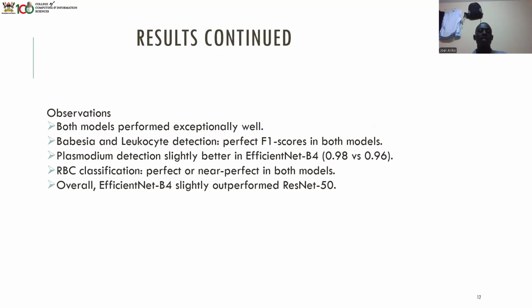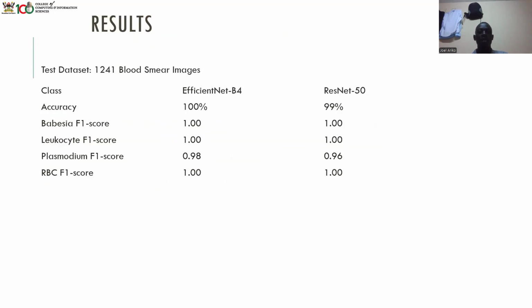Then for the Babesia and the leukocyte detection, both models had perfect F1 scores. Even for the red blood cell classification, one had perfect and the other had near perfect. So overall, the EfficientNet B4 slightly outperformed the ResNet, as seen by these results.